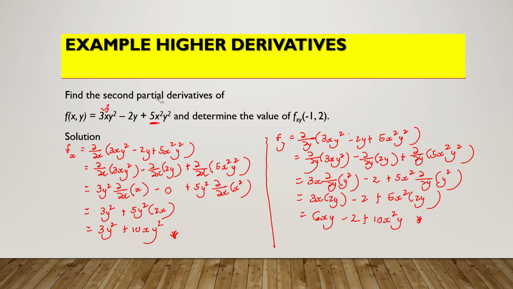We want the second partial derivative, so we want fxx, fyy, fxy, fyx.